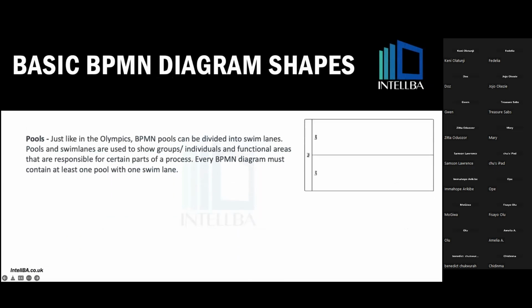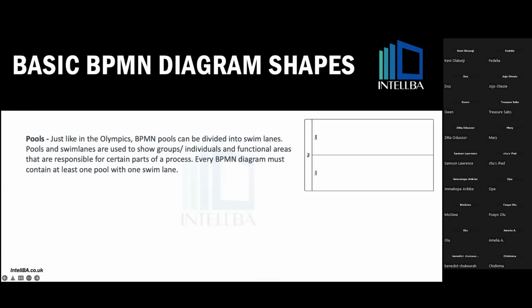Then we also have the swim lane. Now, the swim lane, if you have been to a pool, I know a lot of us would have been to a pool. In an Olympic swimming competition, for instance, you see different lanes within the pool. They are called swim lanes. This one is used to divide functional areas. For instance, the first lane could be the customer lane. The second lane will be the admin lane.